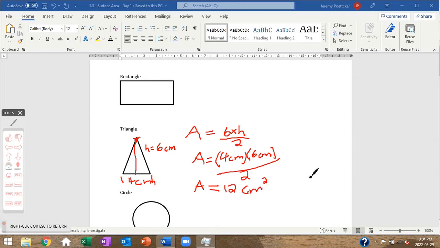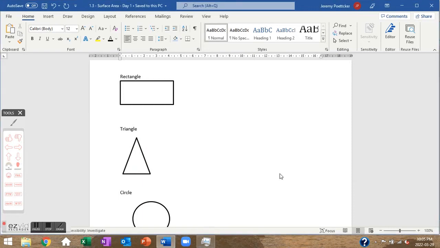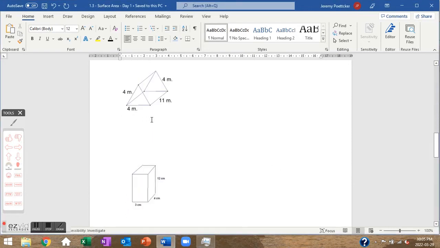Okay, now, triangles sometimes can be a little bit trickier than this. Sometimes you're going to get, and I'll just scroll down here a little bit to show what's coming, something like this. Here we have a lovely triangle, 4 meters by 4 meters by 4 meters. I don't have a height.